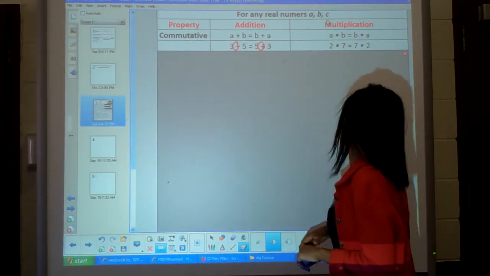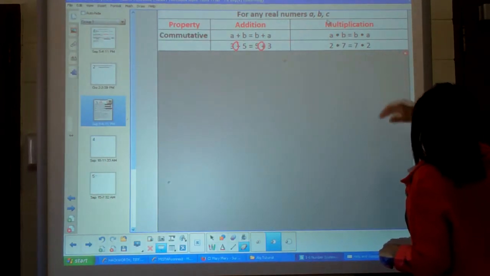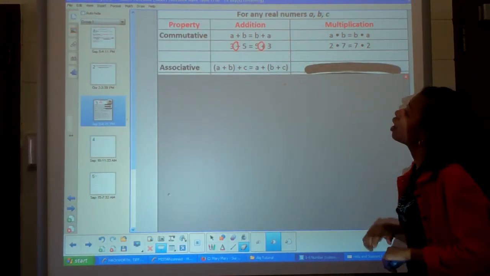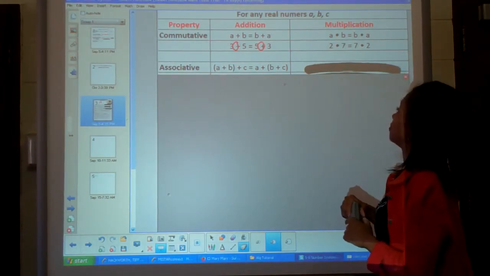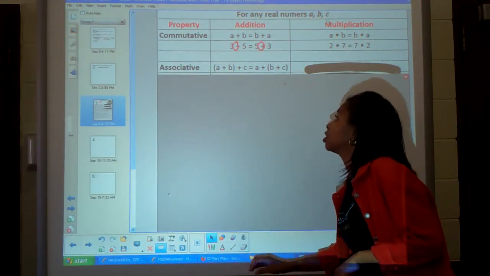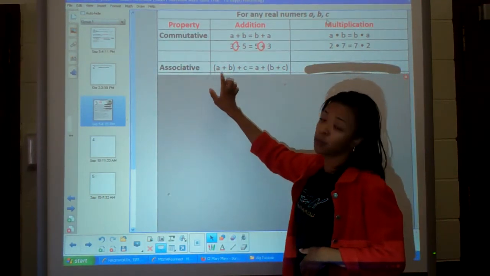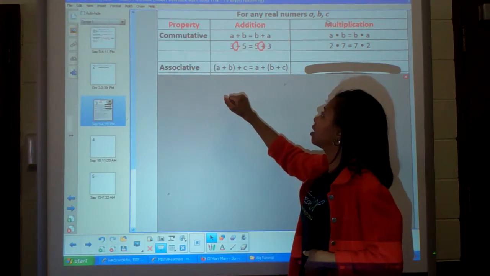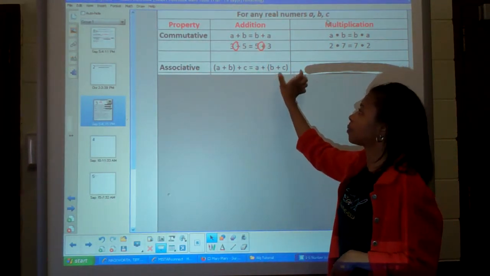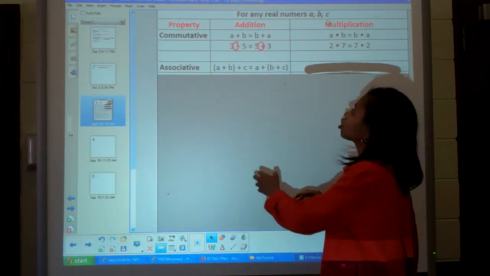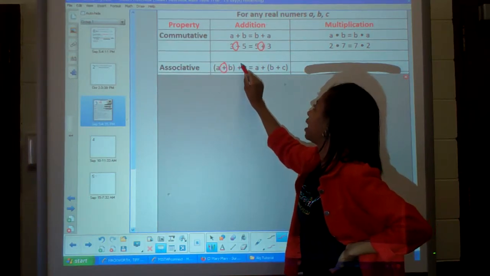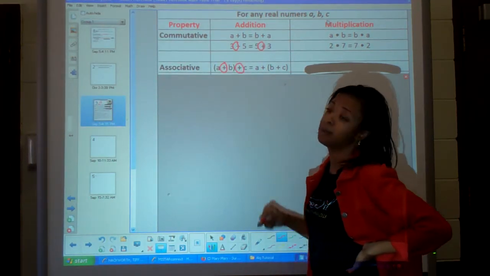I can do A and B for either one. In addition, I also have the associative property of addition. The associative property can be written again for addition, where I have, in parentheses, A plus B, plus C, is equal to A plus, in parentheses, B plus C. The key here is A, B, and C all being added.